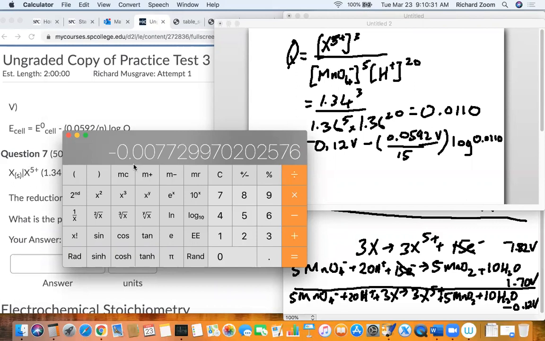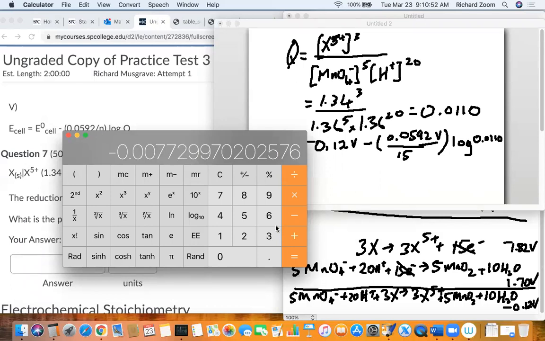So it's going to be negative 0.0077. The answer here will be plus, so it'll be negative 0.12 plus that. Actually, I'll just remember that.